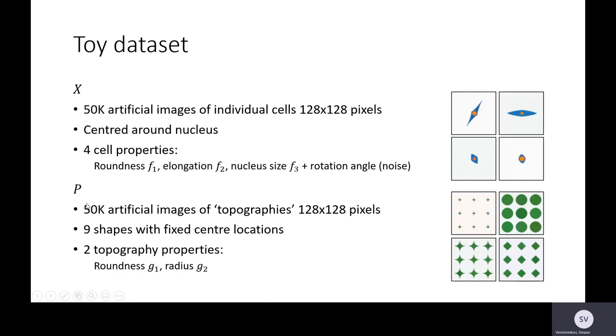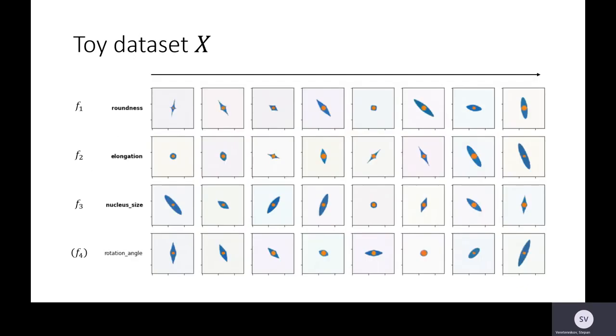A single topography is represented by 9 shapes with fixed center locations and only 2 features of variation. These are roundness and radius. So considering again these features, if you look at the data set for X, the roundness feature is how smooth the corners of the cell are.